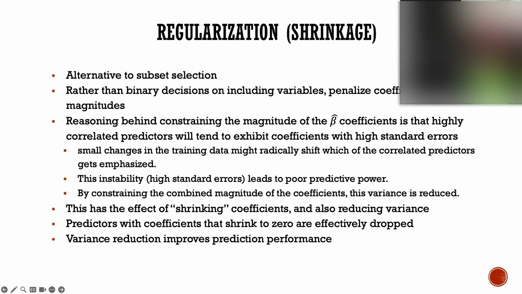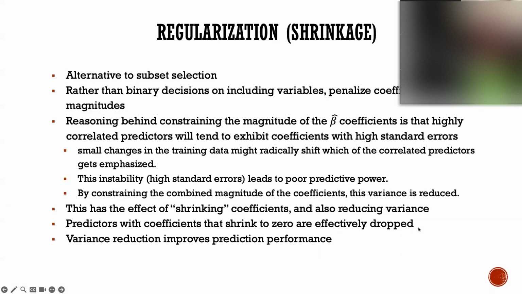So we want to identify those which have high standard errors, and then eliminate them based on a certain penalty that we put on these coefficients. So the overall approach is looking at these coefficients, penalizing and shrinking them, and reducing their variance. And by doing so, those predictors for which the coefficient reaches zero, we drop them.